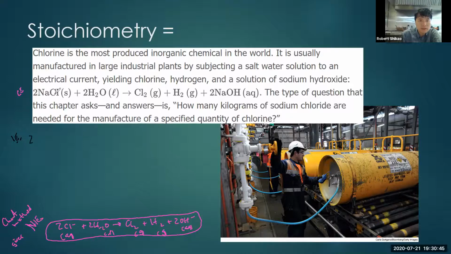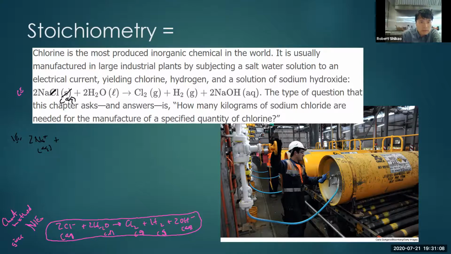So if I have two NaCl's, I'm going to call this NaCl AQ, because there's water around. And if there's water around, this is going to dissolve. So it's going to break up into two Na plus AQ. Like I said, I'm going to call this AQ because if you mix these two, the salt will dissolve again.